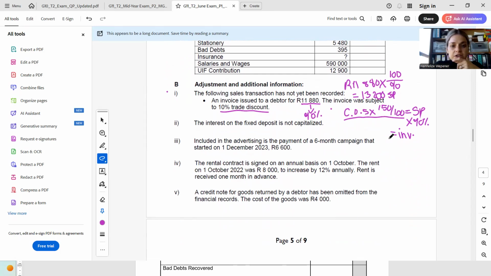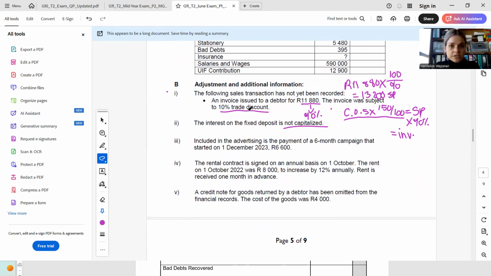Right. Interest on fixed deposit is not capitalized. Remember, if interest is capitalized, it means that it's added onto the fixed deposit. So I'm going to debit my fixed deposit asset and I'm going to credit my interest on fixed deposit income account. But if it is not capitalized, I need to receive all of the interest that I've earned throughout the year.